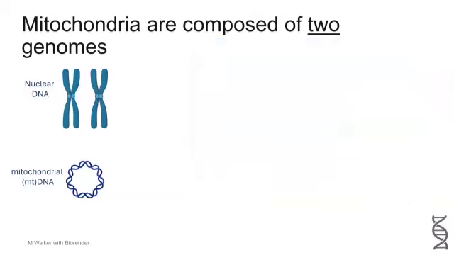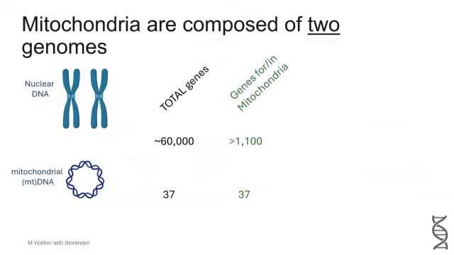In our nuclear DNA, we have about 60,000 genes, 20,000 of which become proteins. 1,100 of those or so are going to work inside the mitochondrion.